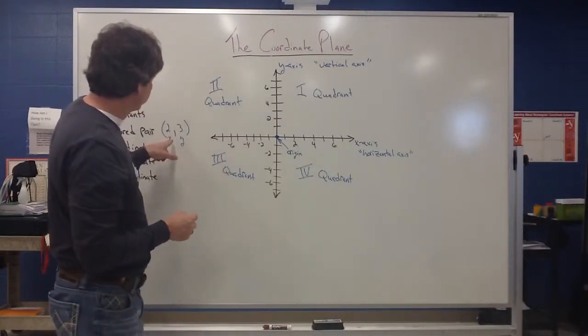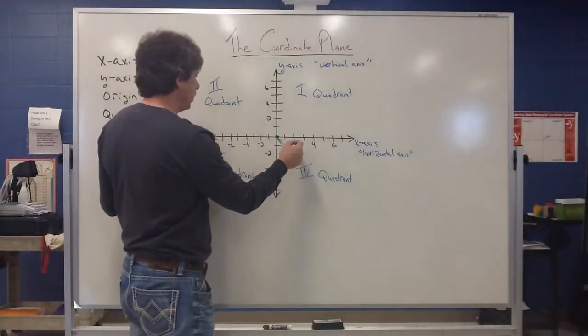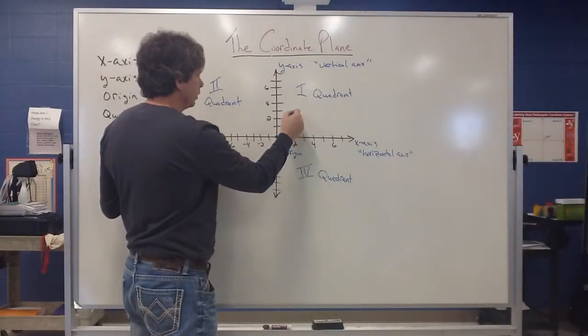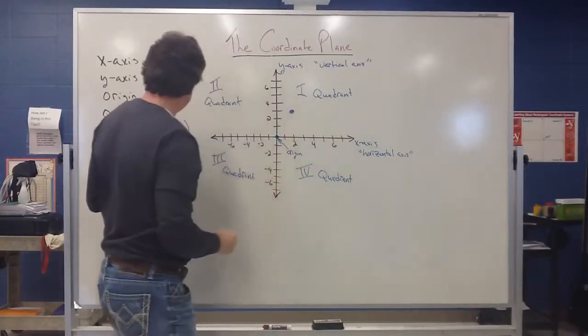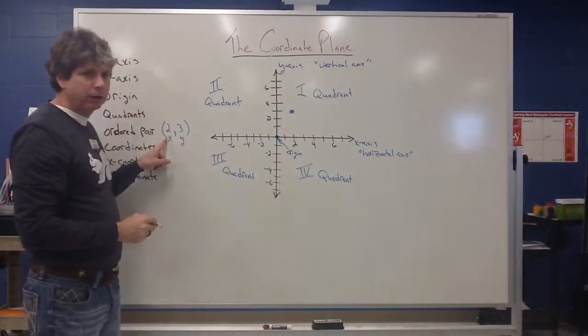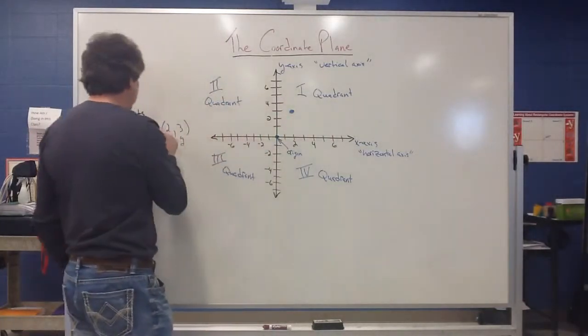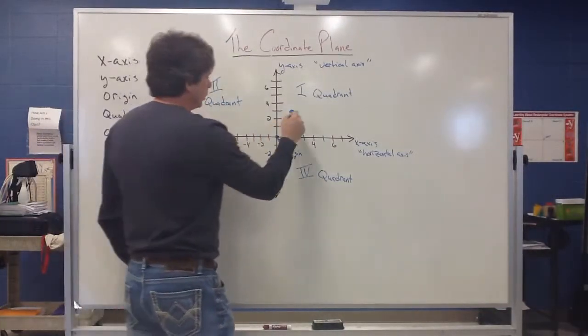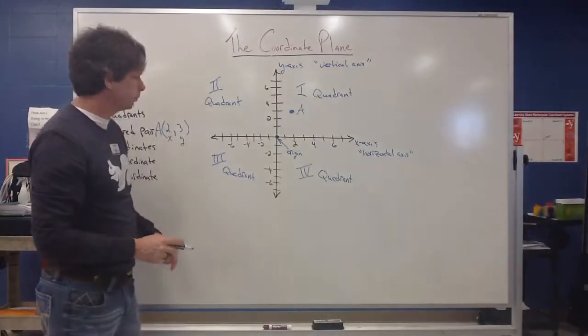In this case, since that's a positive 2, that would tell me to move right 2, and since it's a positive 3, it would move up 3. So that spot right there is the location of a point. If I call this point A, it would be located by moving 2 to the right and 3 up.